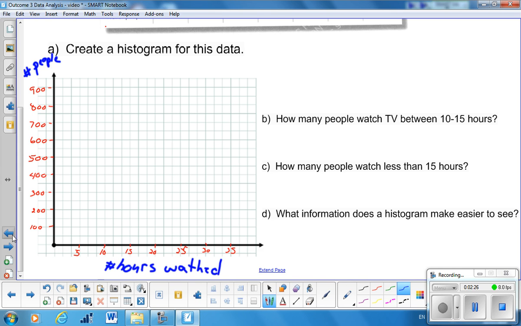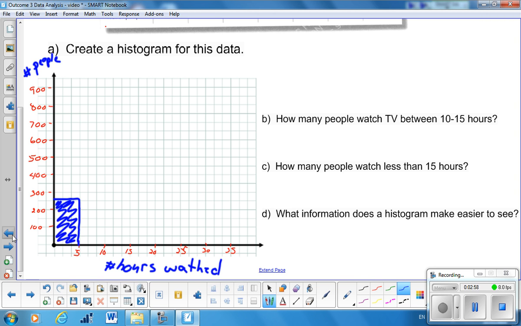So the first set of data on my table is the number of people who watched between 0 and 5 hours. There was 254. So between 0 to 5, my graph is going to go to here, I need to come up to 254. So there's 200. That would be 250, so just slightly over that square, and then I would color in that whole square.